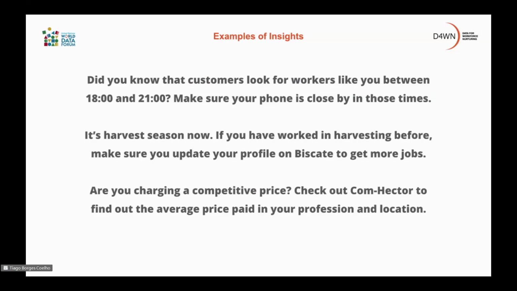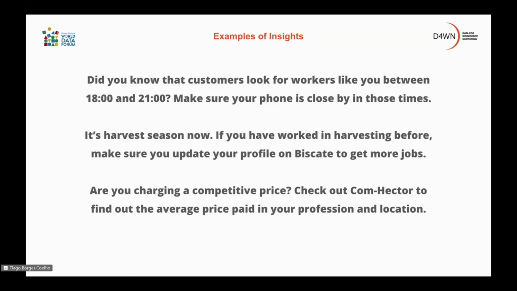Thanks. So this is just an example of how the messages are built for users. For example, we know the times in which clients connect to the system. So we can throw an insight to users like this one. Do you know that customers look for workers like you between 18 hours and 21 hours? Make sure your phone is close by in those times.